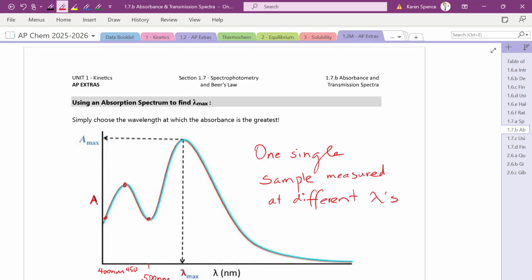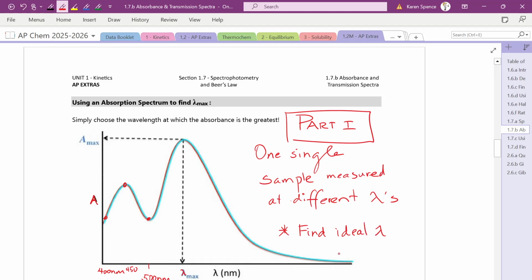So this is what we would do in part 1 of the experiment. What we're doing is finding the ideal wavelength, the lambda max.